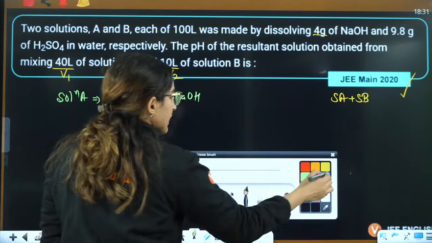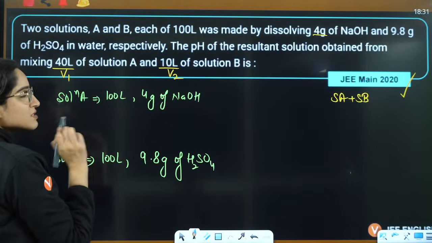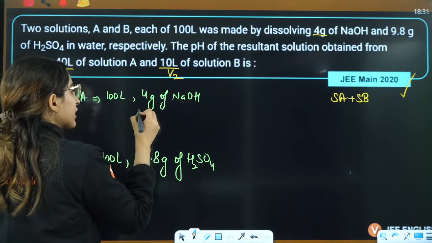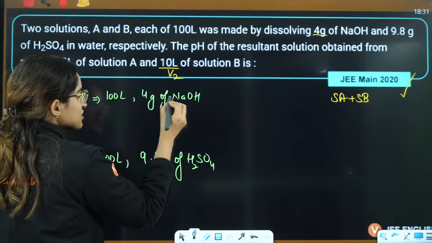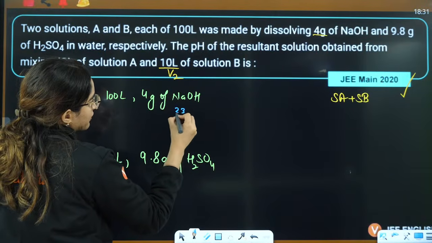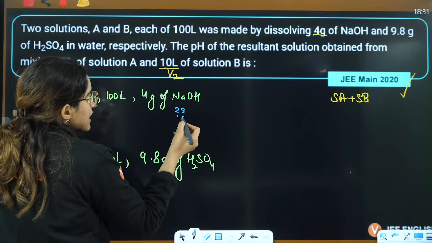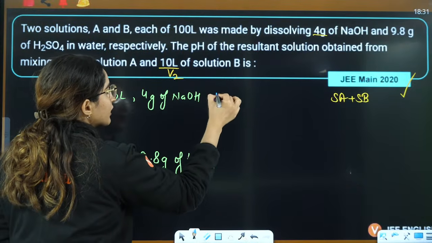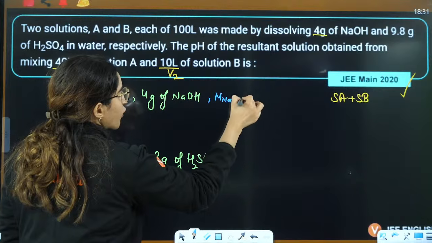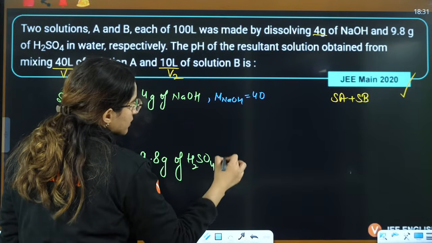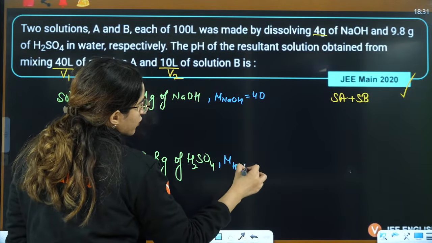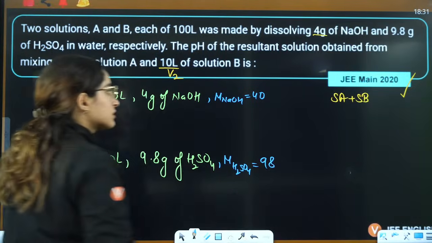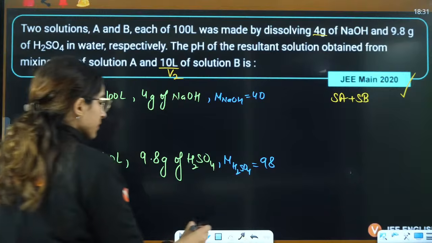Now, what is the molar mass of NaOH? It is 23 plus 16 plus 1, that is 40, right? So write here, molar mass of NaOH is 40. The molar mass of H2SO4 is 98, right?